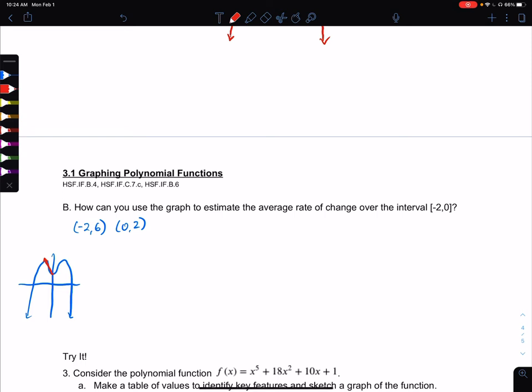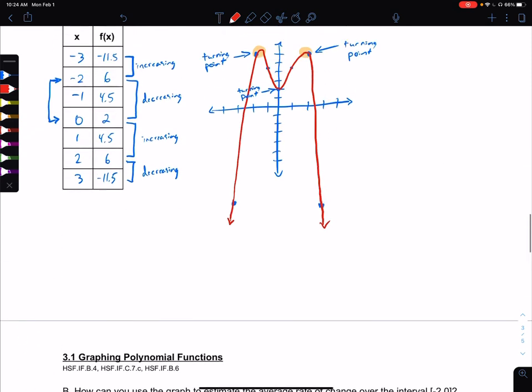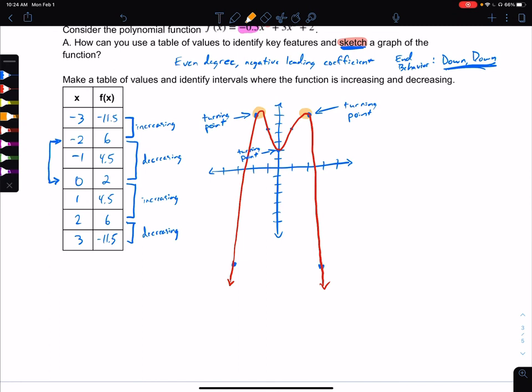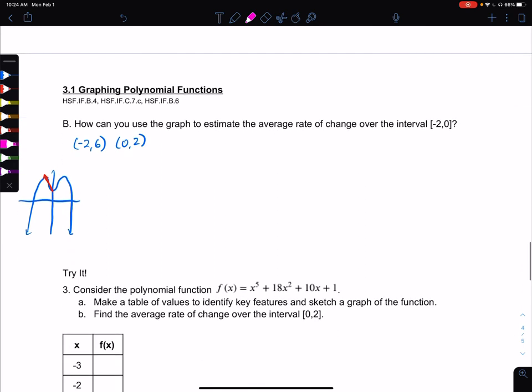Now, we don't know exactly what the slope of that portion is. We don't know exactly what the slope is of this piece here, but we can figure out the average rate of change. And to do that, we're just going to use our slope formula.